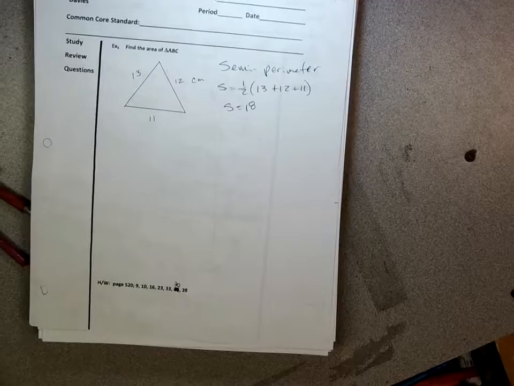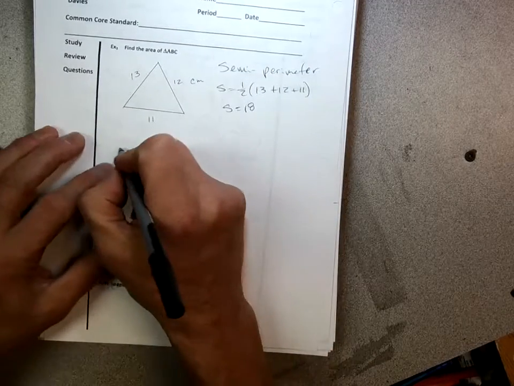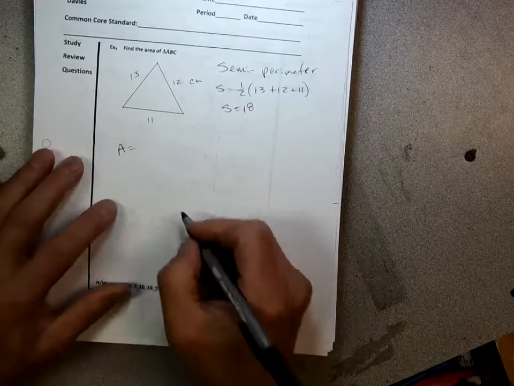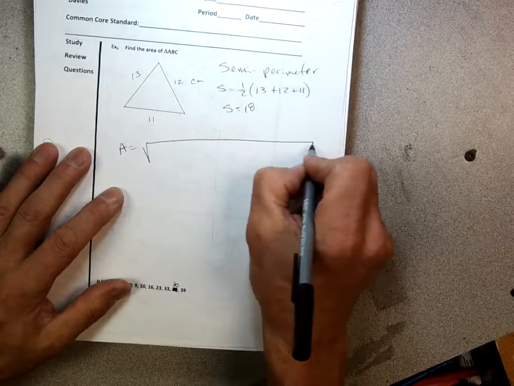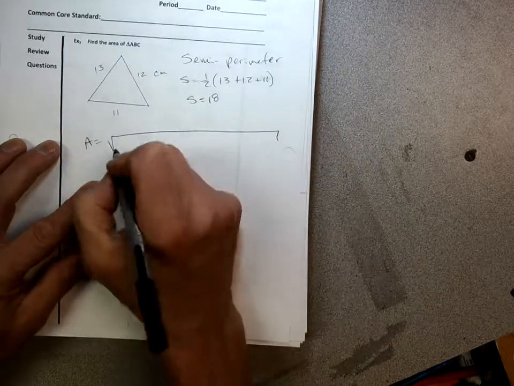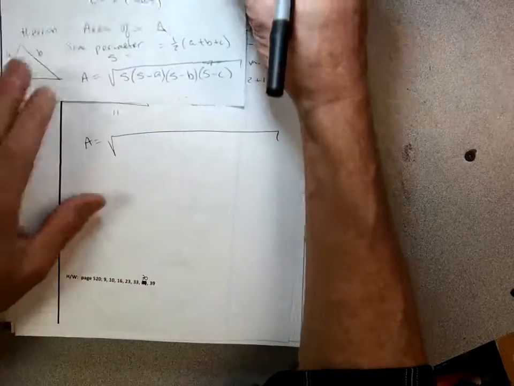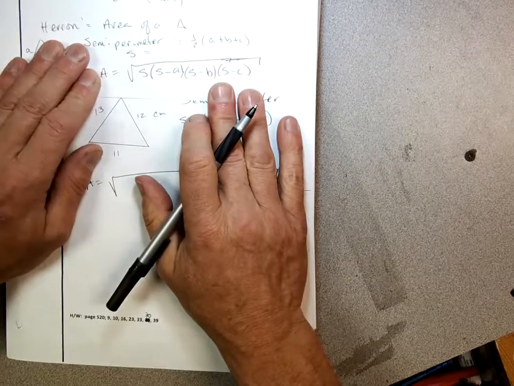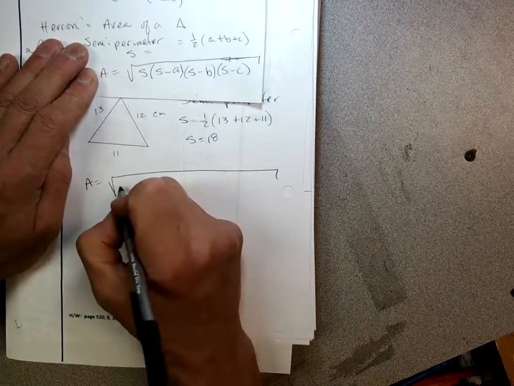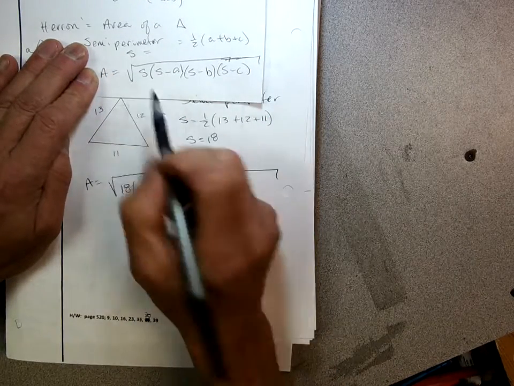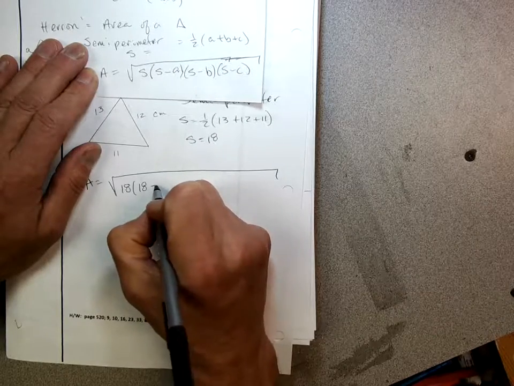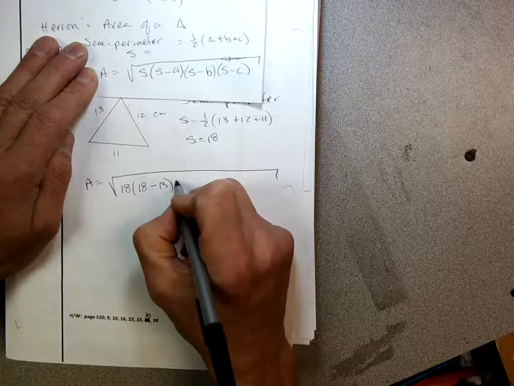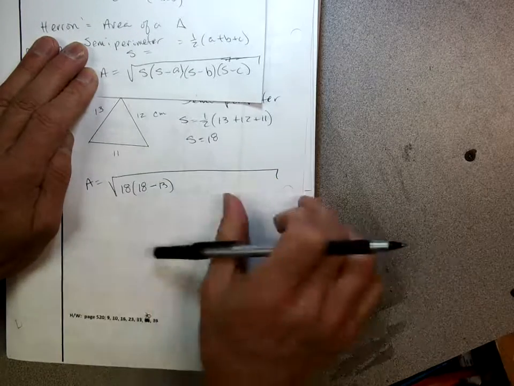And now the formula says just do this for area. You're going to use your big square root. S, which is 18, so I'm just using this formula right here. Okay. There we go, we can see it right there. Area is equal to my 18, that's my S, times 18 minus 13. So it could just be any side? It could be any side, because as far as the order, right?